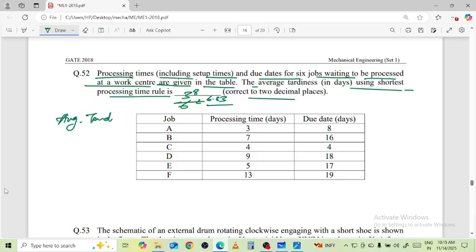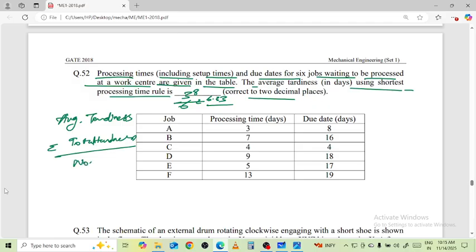Average tardiness is equal to total tardiness by number of jobs.